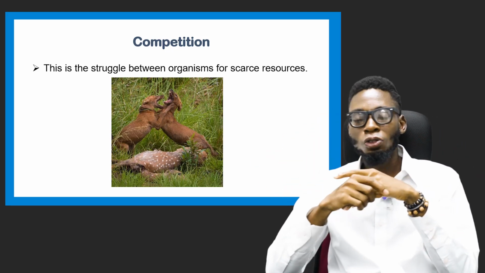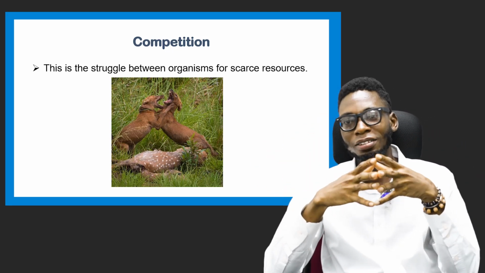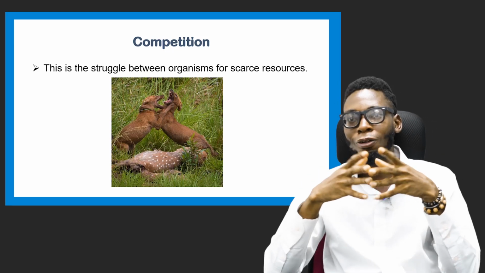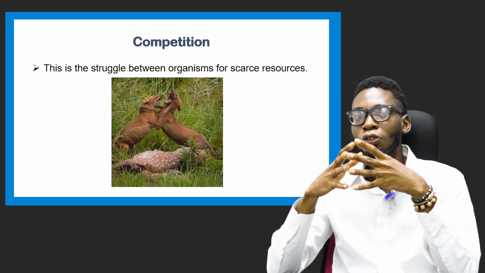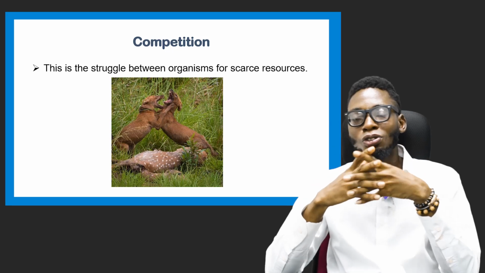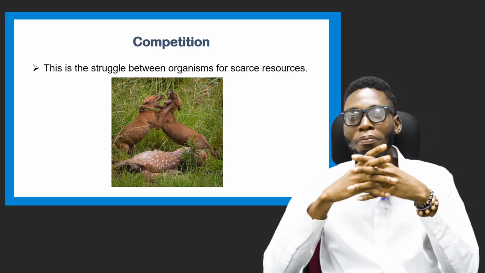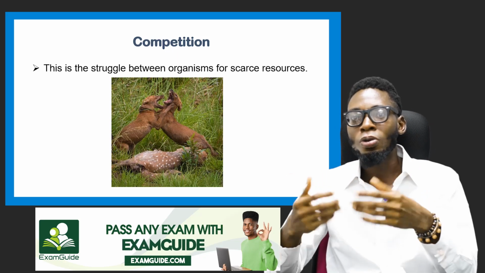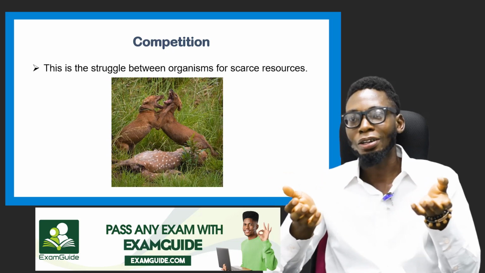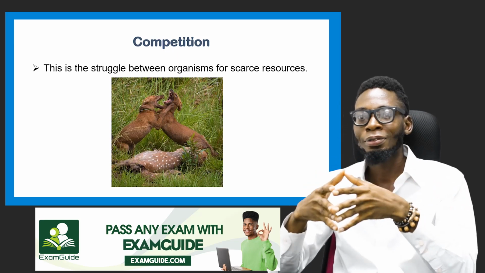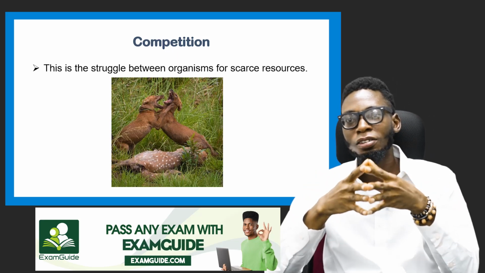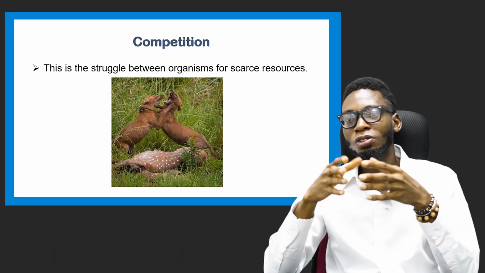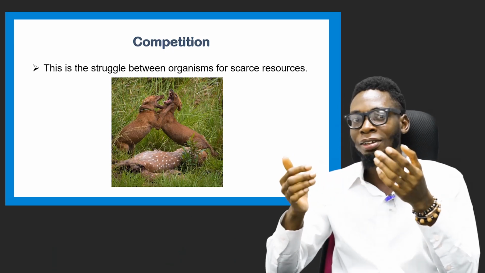Some organisms also struggle for light. Plants that are capable of producing their own food struggle for light. Also, organisms struggle for mates for the purpose of reproduction. Only the strong ones will win the struggle and the weaker ones will be left with nothing. And I said the essence of competition is because resources are not in abundance.